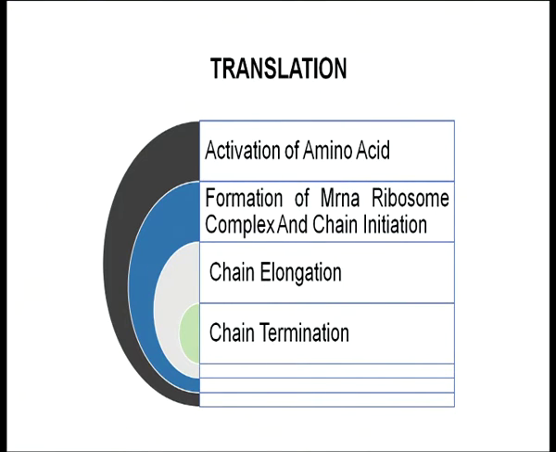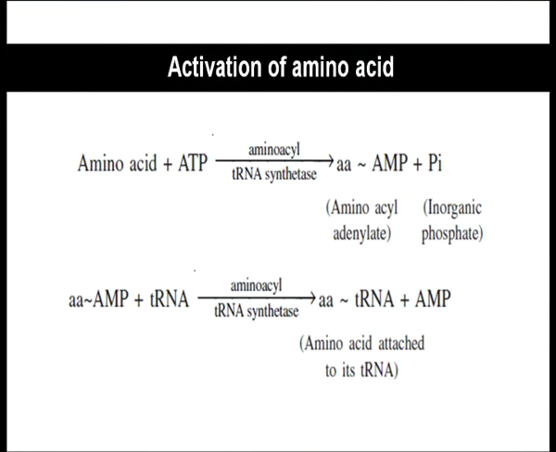What are the various steps of translation? First is the activation of amino acid, then formation of the messenger RNA ribosome complex and chain initiation, chain elongation and chain termination. In amino acid activation, the amino acid combines with the ATP molecule. You know that ATP is the energy currency of the cell.